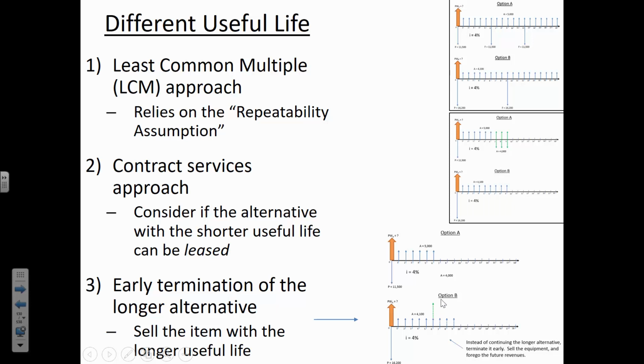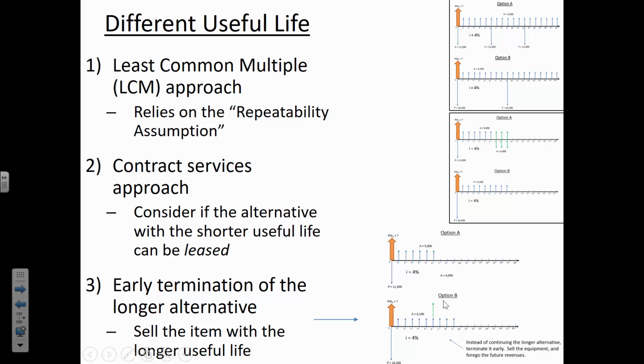And remember that the length of this green arrow in that in-class exercise wasn't the present value of this annual amount that was being lost, it was the salvage value. So it's how much you can sell the equipment for. It's not the value of the revenue that's foregone, because that would just be the same as taking all the revenues to the present. When really what you're doing is selling the equipment early.